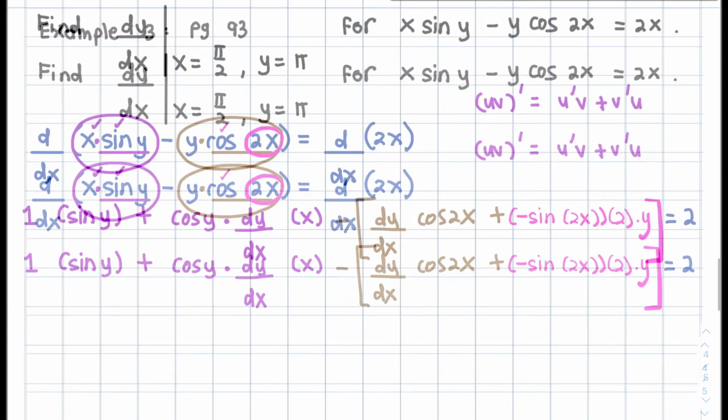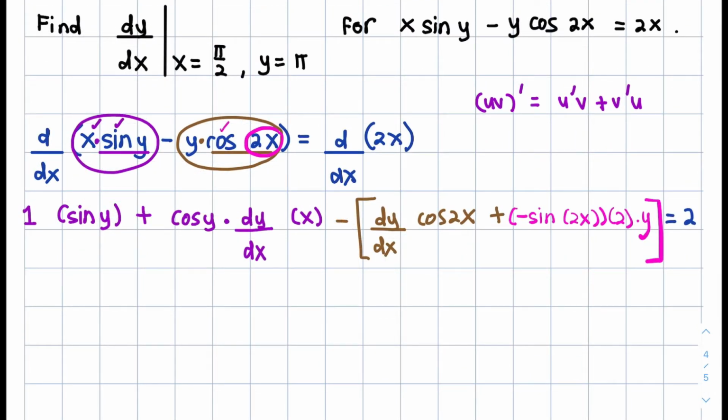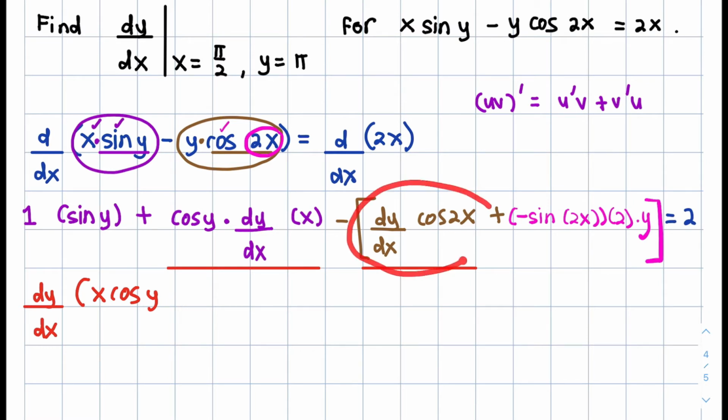Alright then, what you have to do next is rearrange so that you get your dy over dx. There are two terms with dy over dx. This is the first term, and another term would be this. Now, what you can do is factorize straight away. So you're going to get dy over dx times x cos y minus cos 2x, close the bracket.